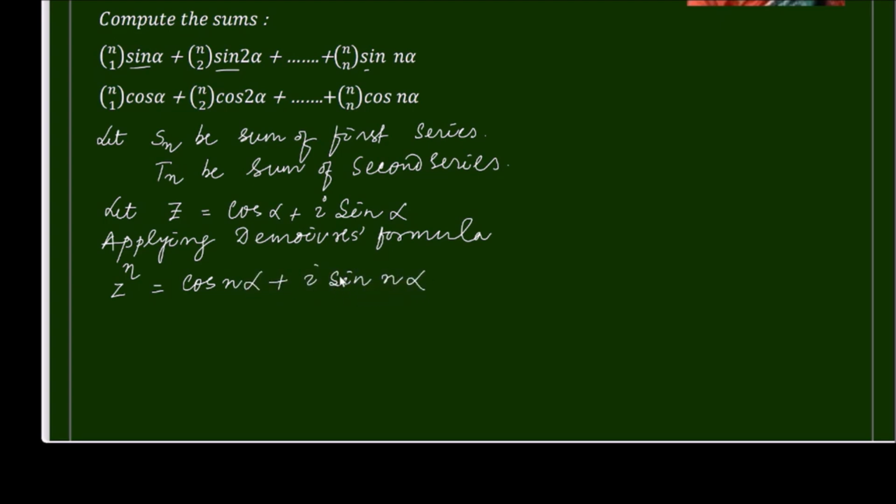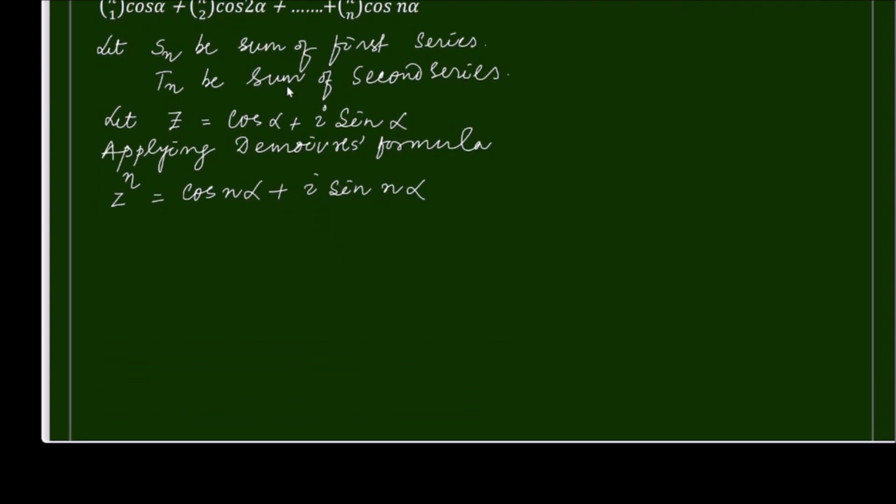If you have a problem in this formula, you can watch another video I have already uploaded, that is the derivation of this formula. You can watch and be comfortable. Or for the timing, you can also remember or note down this. If Z is equal to cos alpha plus i sin alpha, then Z power n we can write in this way.